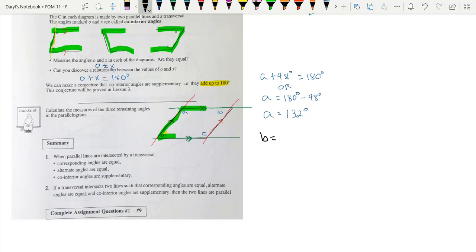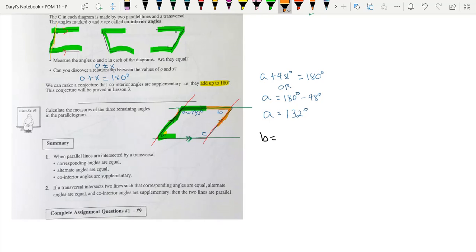If A is 132 degrees, then this is 132 degrees. Let's see if I can create another C pattern. Is it not that if I do this, this, and this, essentially that is just letter C, right?